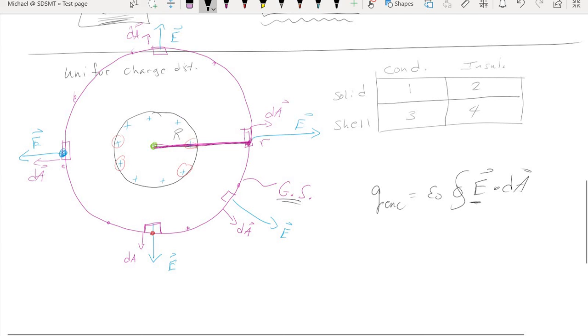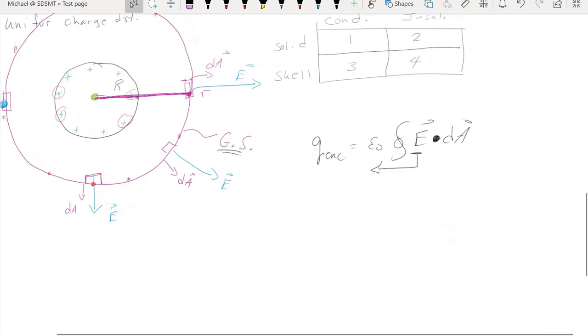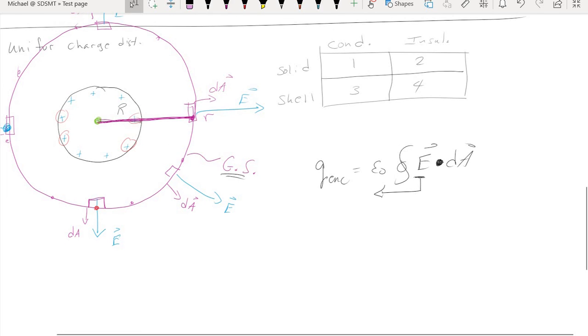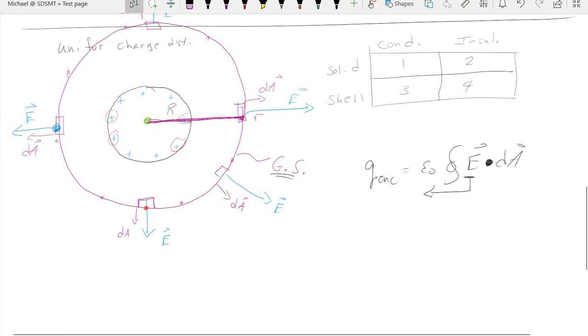And so I get to bring that electric field expression outside of the integral after I take care of the dot product. A lot of people want to skip that dot product, but it's still important.